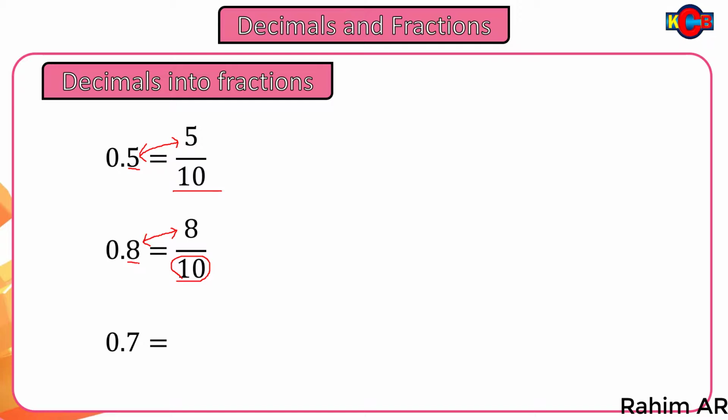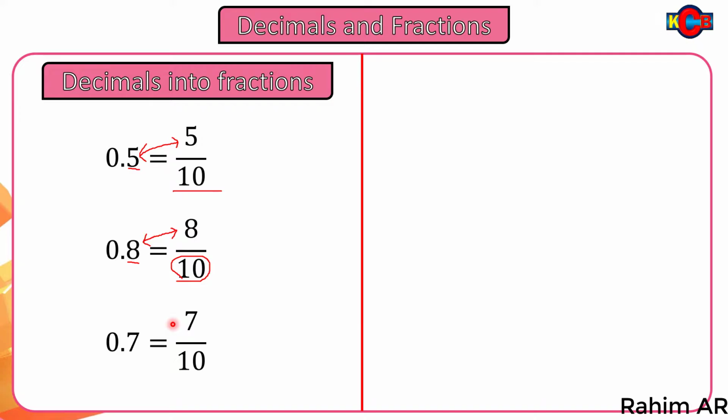Because the place value here is tenths. Lastly, can you try to answer this, 0.7? If you get 7 tenths as your answer, well done, you are right.